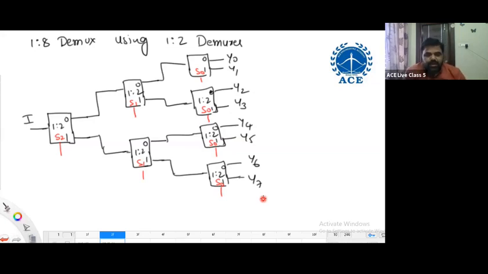So using demultiplexers, we are implementing higher order from lower order. No need to analyze separately for demultiplexers again. Similarly, minimum number of demultiplexers equals minimum number of multiplexers. Inputs are becoming outputs, outputs are becoming inputs.